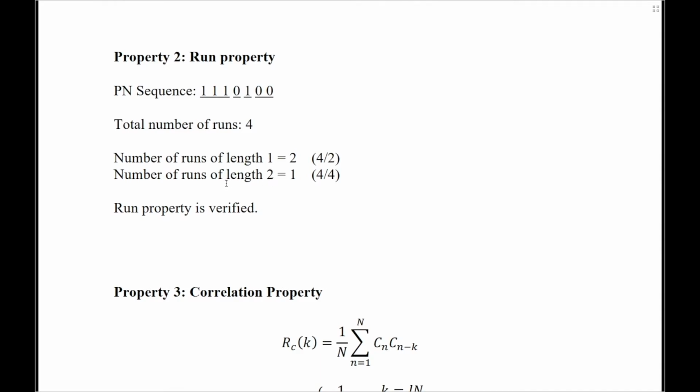Moving on to the number of runs of length 2, it should be equal to 1/4 the total number of runs. So, it is 4 by 4 equals 1. When I go back and check, there is only one run of length 2, therefore, this condition is also verified. I will not continue for the 1/8 condition because the length of the P-n sequence itself is 7. Therefore, we stop here and say the run property is verified.